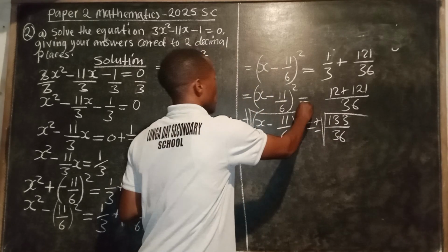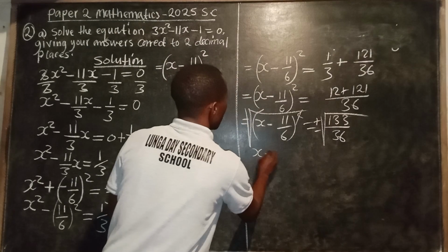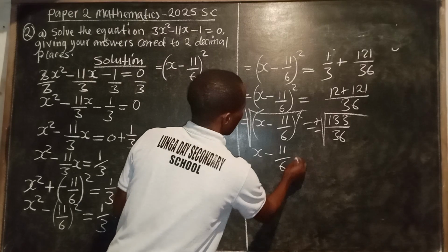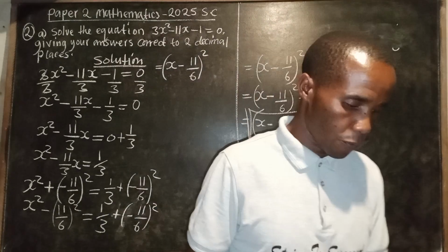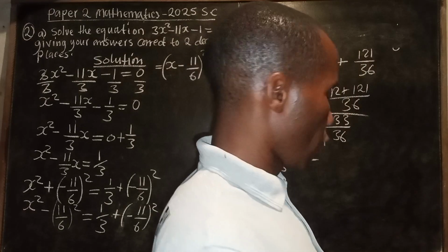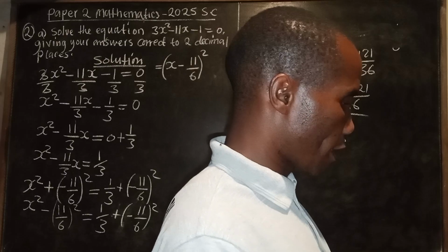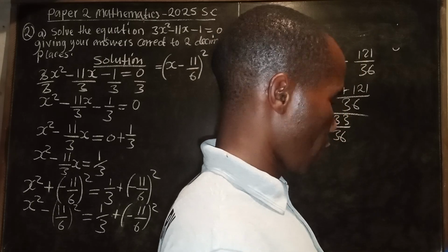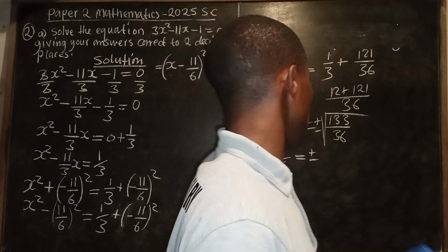So this square root and this power go, and we remain with x minus 11 over 6 equals positive or negative the square root of 133 over 36.